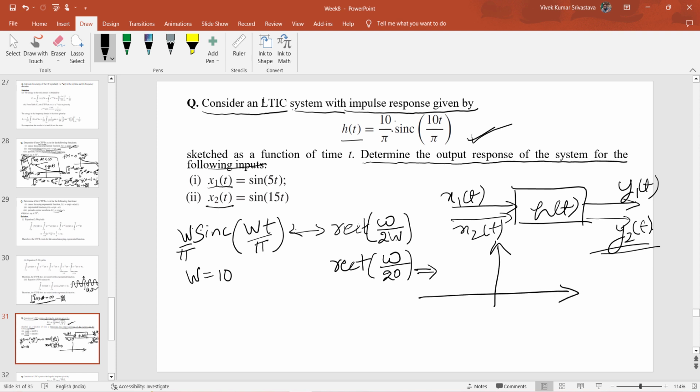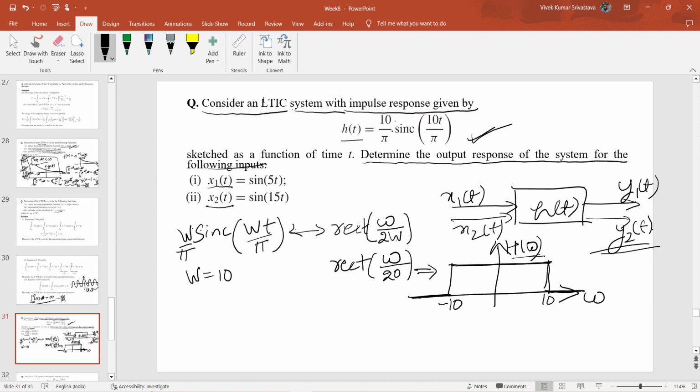In the frequency domain, this can be plotted from minus 10 to 10, where its value will be 1. Apart from this, the value will be 0. So this is the plot of H of omega.